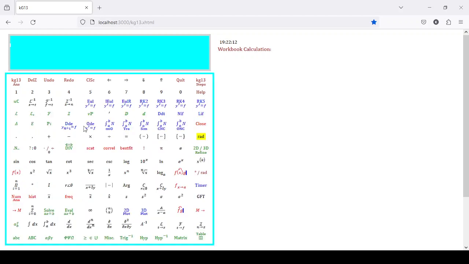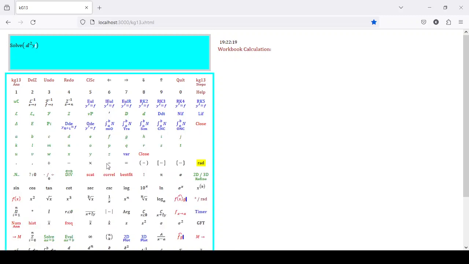We type in the following differential equation: d 2y by dt squared plus 3 dy by dt plus 2y is equal to, let's say, 5 divided by 3 times e to the minus 4t, comma, uc. uc meaning undetermined coefficients.